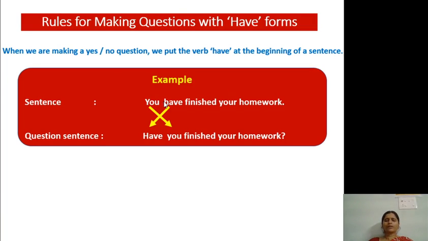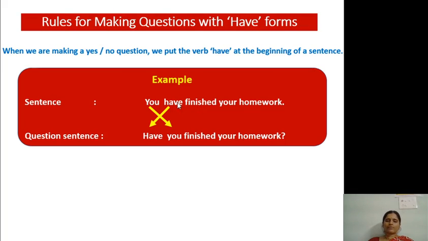So when you want to frame a question, we have two verbs in this sentence. This is the helping verb, that means auxiliary verb, and this is the main verb. Have is used as an auxiliary verb, and this is the main verb. So how to frame a question?